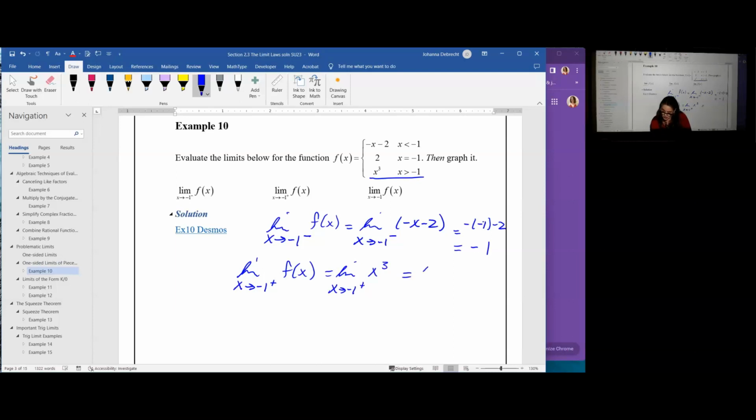Then using our substitution rule, we get -1 cubed, which is -1. From the left and the right, it looks like it's going to hit -1. I don't even need to know what the function value is at -1. The left limit and the right limit agree. The limit is -1.